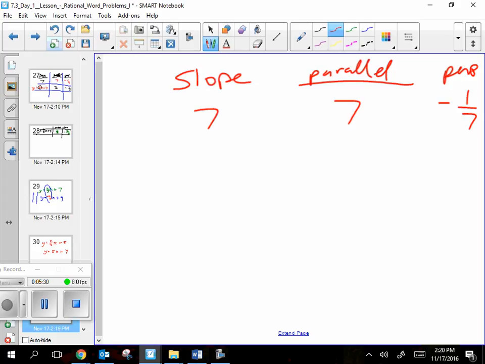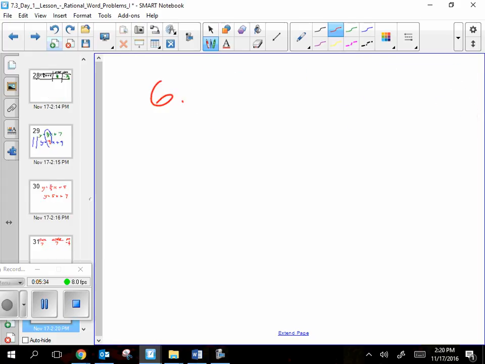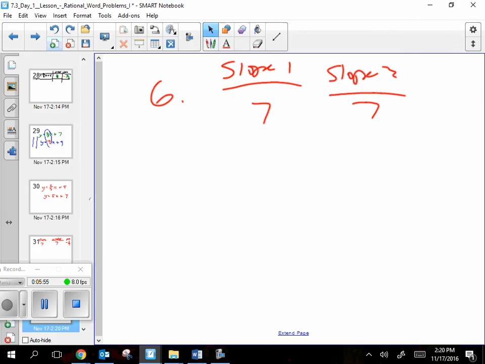Super easy, right? Move down to number 6. I just don't want you to think the whole worksheet's like that. There's 4 parts. On number 6, it says the slope of line 1, slope 1 is 7. Slope 2 is 7. And it makes you actually write the word. Oh, this is terribly hard. What is the word? Those are the same, so what are they? They're parallel. Thank you.